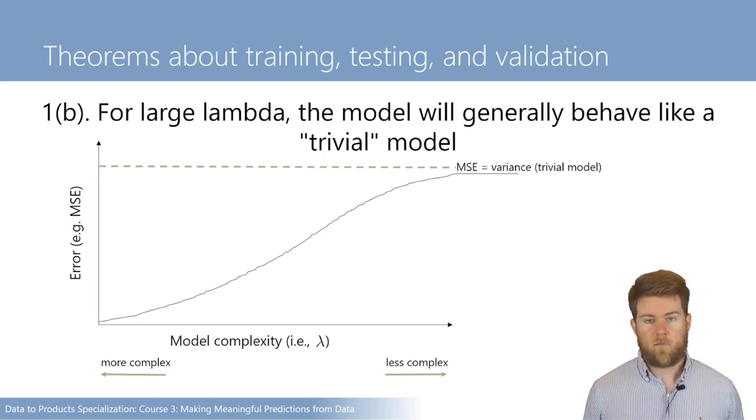A naive model that predicts a constant all the time might just predict the mean all the time, and its mean squared error would be equal to the variance, as we showed in a previous lecture. So as your model becomes simpler and simpler, it's not really doing anything but predicting a constant all the time, so it will gradually asymptote towards the performance of a trivial model.